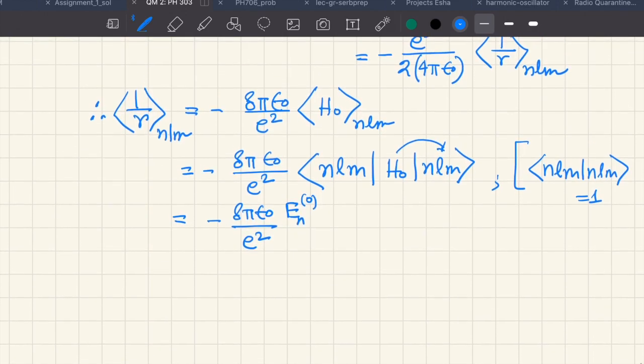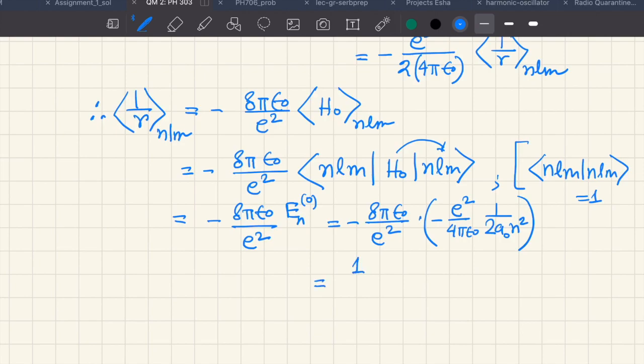And now we know our E N0. So minus 8 pi epsilon naught by e squared into minus e squared by 4 pi epsilon naught times 1 by 2 a naught n squared, where a naught was the Bohr radius. So this immediately tells us that this is nothing but 1 by a naught n squared.